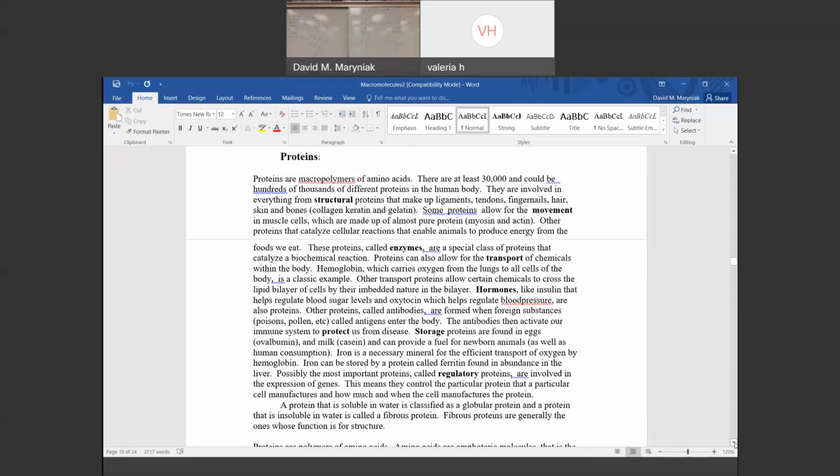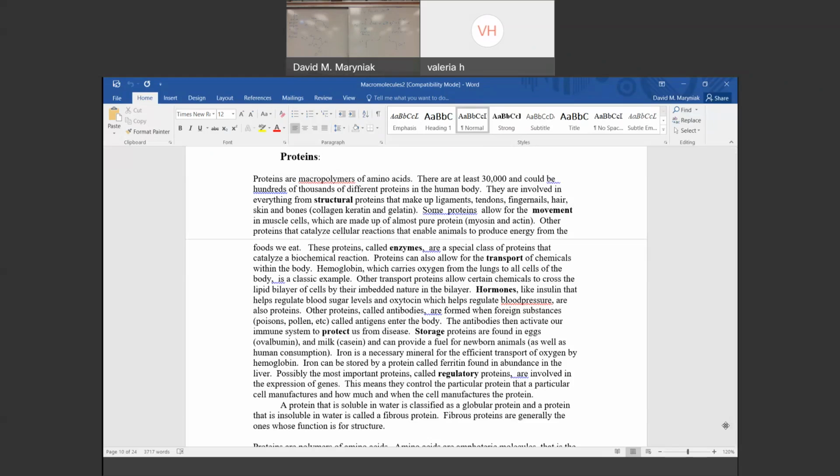So proteins have functions. They sort of get named historically or by their function. So if we say we have structural proteins, would you say your fingernails are important? How about your hair?